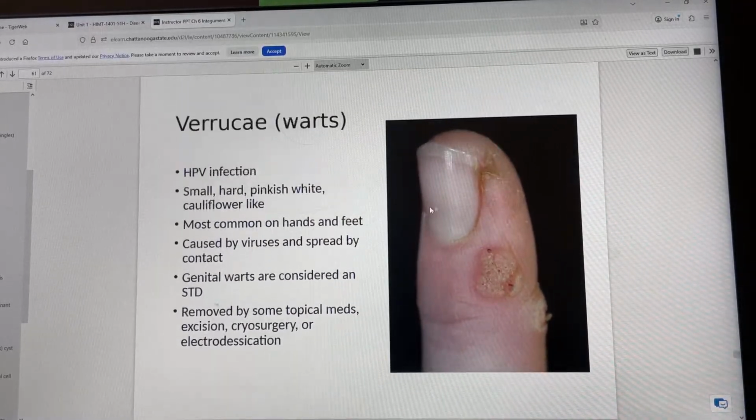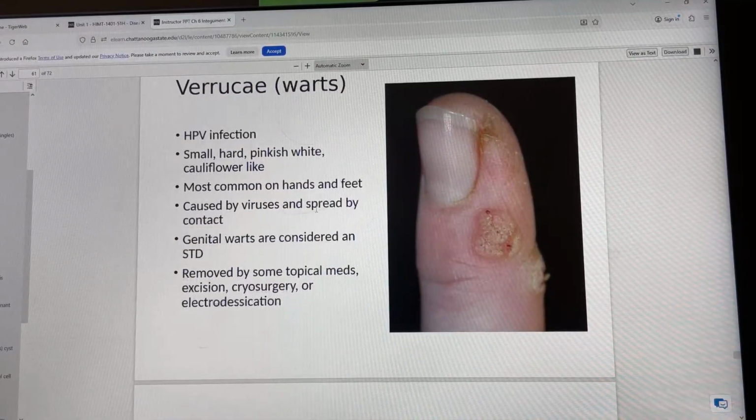All right, then we have warts. Anybody ever had a wart before? I had one when I was a kid, but I haven't had any since then. They're actually caused by viruses. It's the HPV virus, which you think of with STDs. It's the same virus, but in a different location, on the skin rather than in the genital area. Warts are very common on the hands and feet.